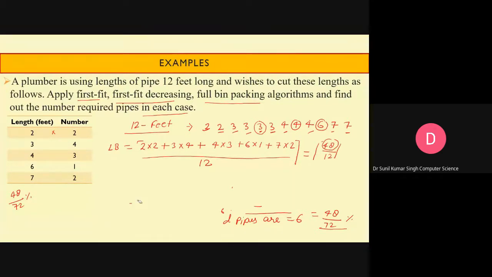So in first fit decreasing, what do we have to do first? We have to arrange the items in decreasing order.